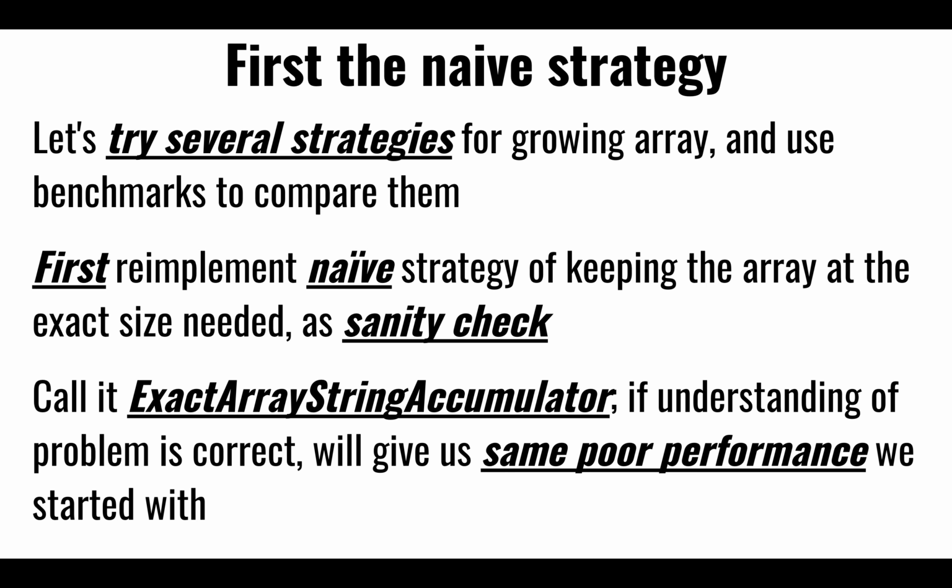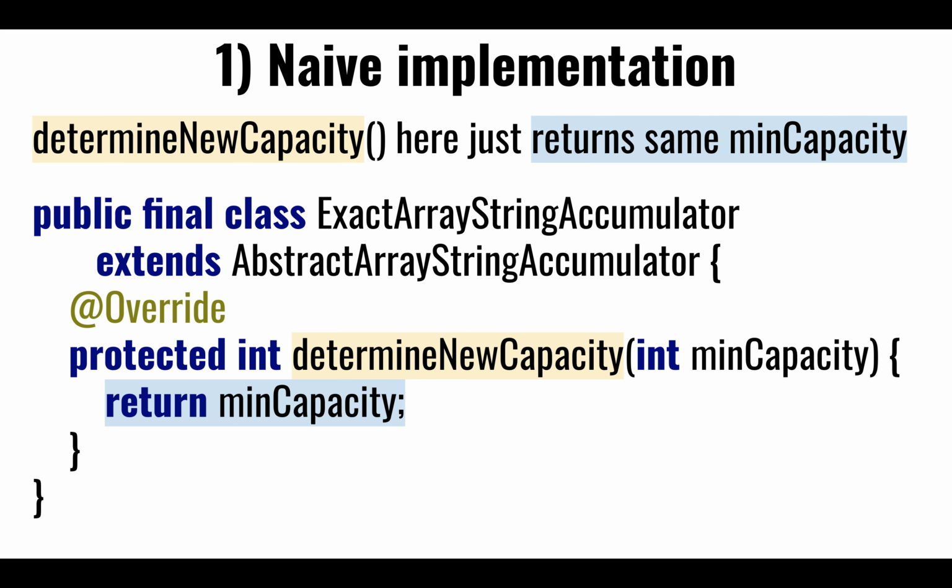So we're going to be very conservative on the size of that array, as conservative as we can. We know it's going to have the same poor performance, right? Basically, when the ensure method asks that I need to be at least one more character as big, the determineNewCapacity is just going to return exactly how much you asked for.